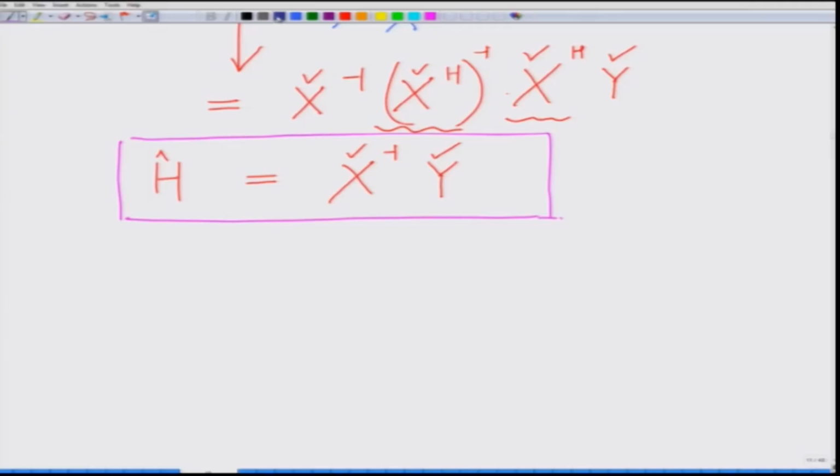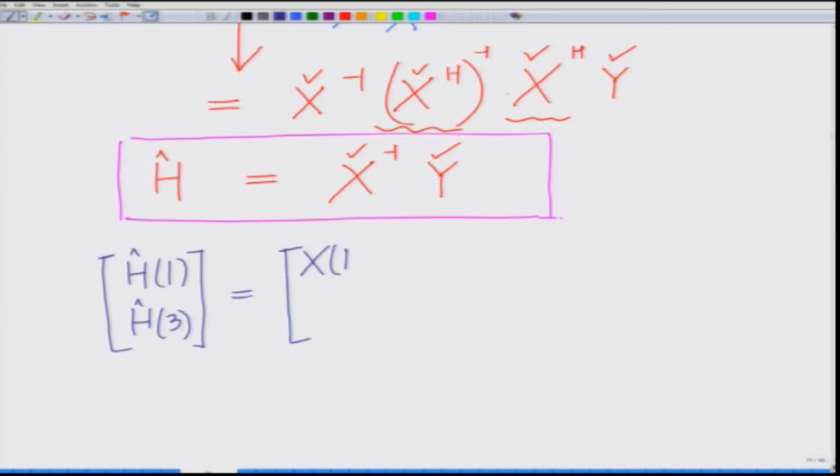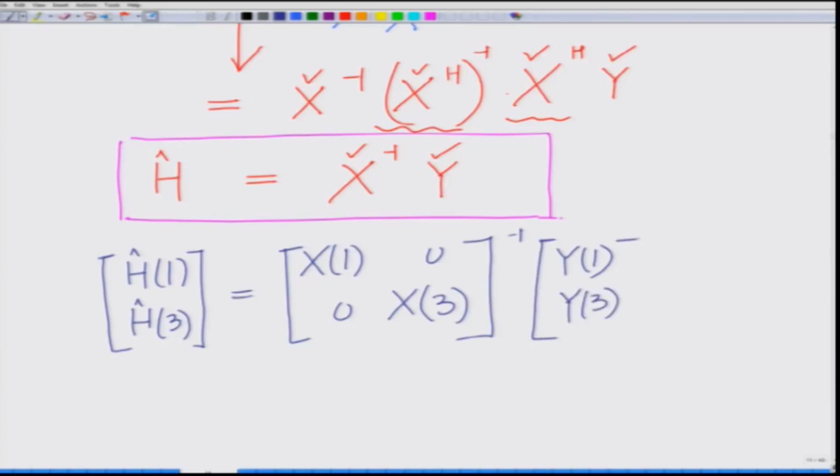Therefore, what we have is h hat 1, h hat 3, the estimates of the channel coefficients on the pilot subcarriers, are basically the inverse of this diagonal matrix times y1, y3, the outputs on the pilot subcarriers plus the noise v1, v3.